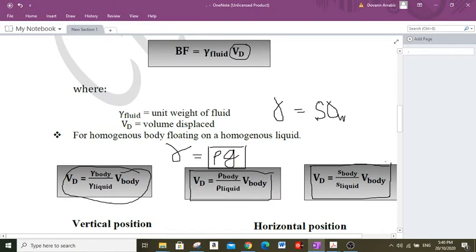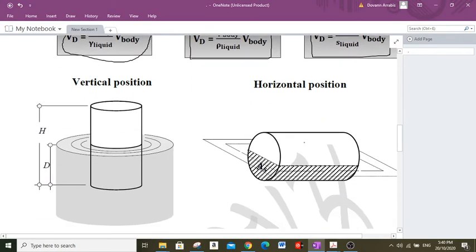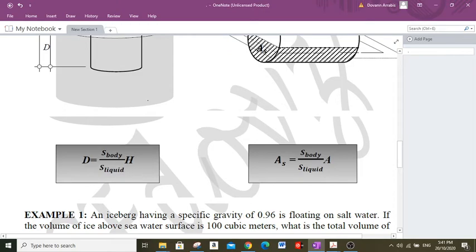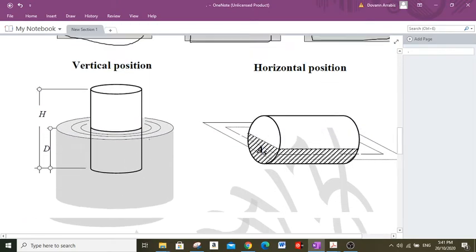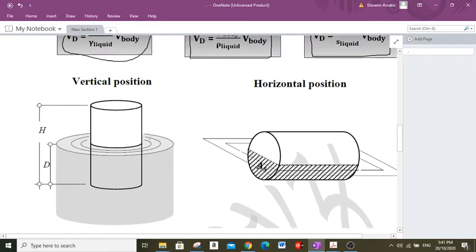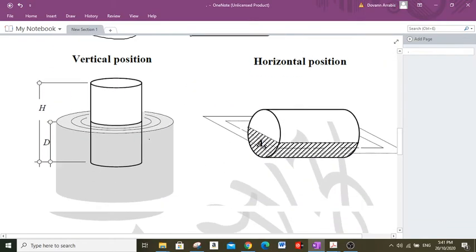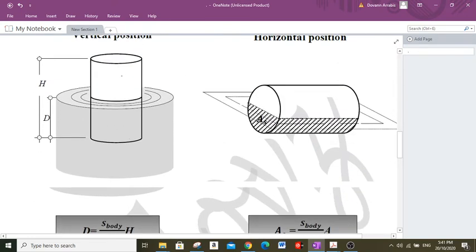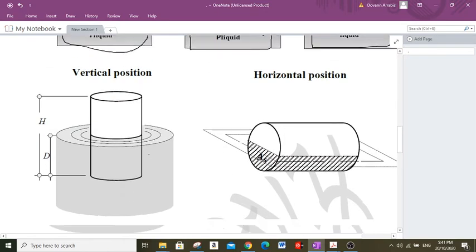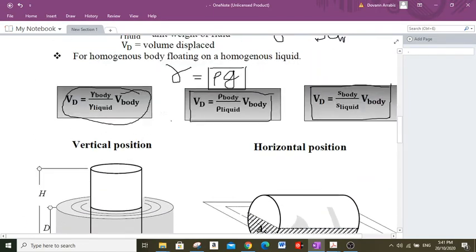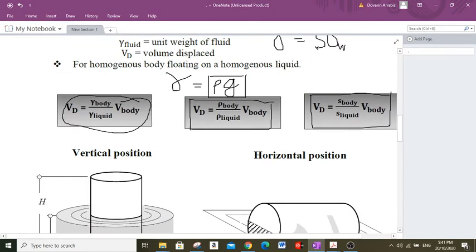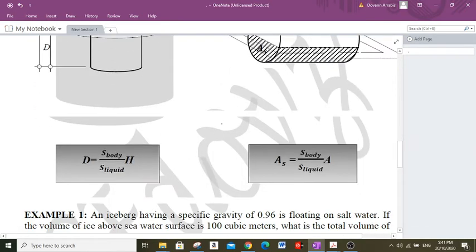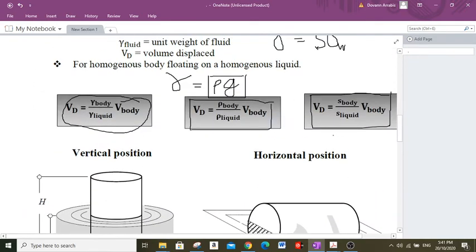So just familiarize the equations. For vertical position, let's say the cross-sectional area of this object is constant. This equation can be simplified to this one.